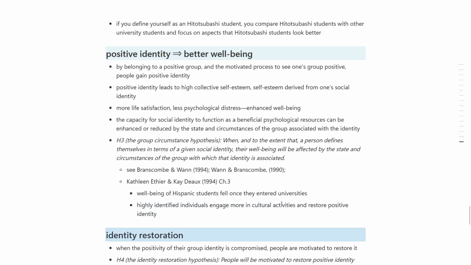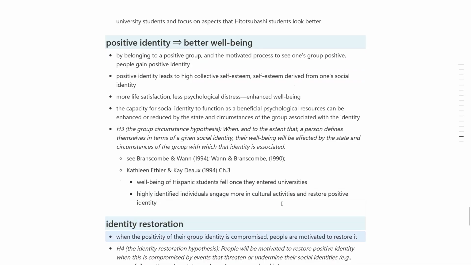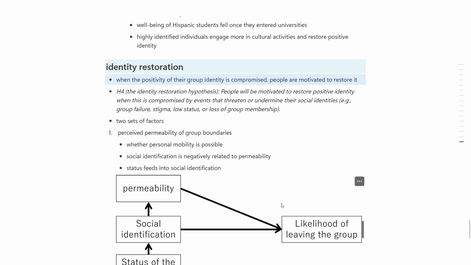So as I said, because positive identity is so important, or the positivity of their group is so important, when negative events come out, people try to restore their positive identity when it is possible. So when the positivity of the group identity is compromised, people are motivated to restore it because they always seek positive identity.